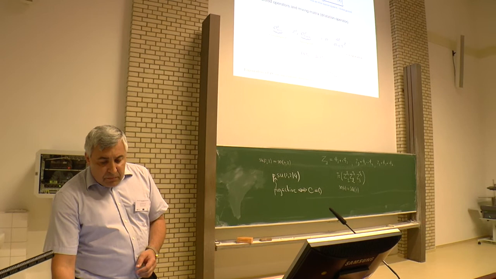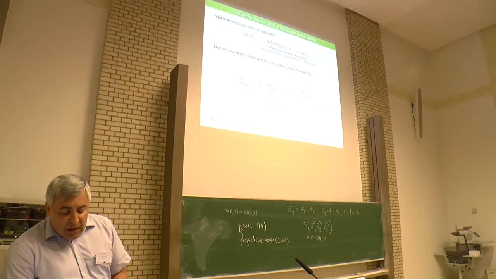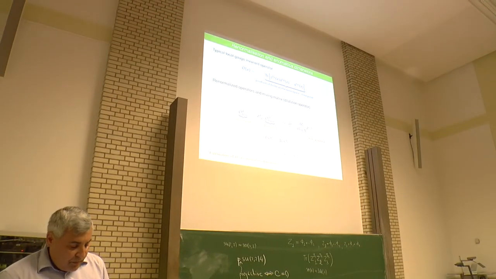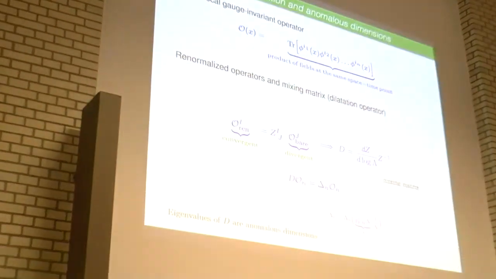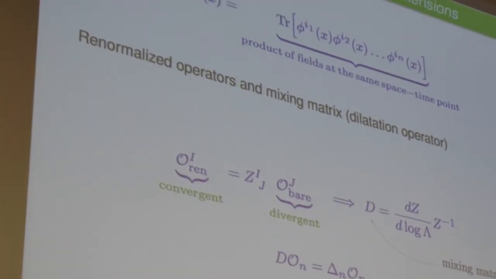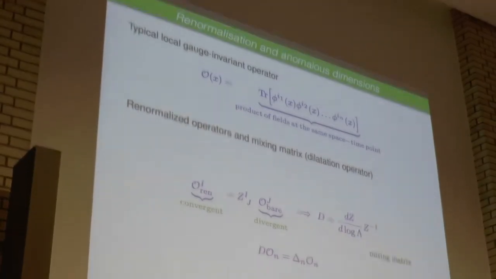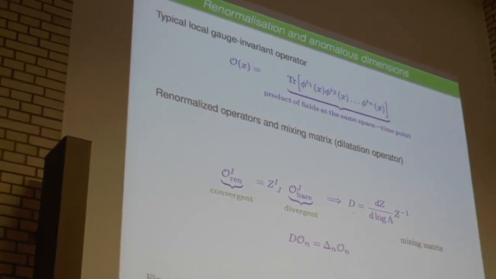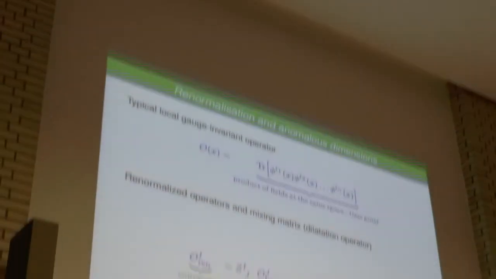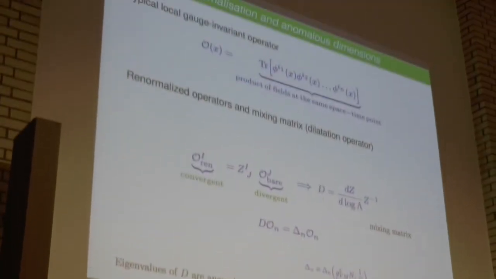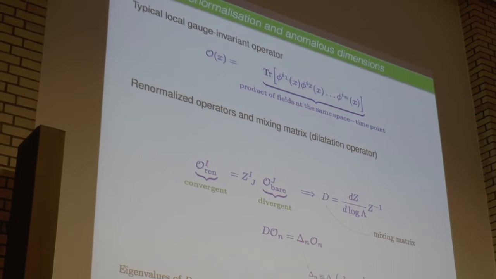Now, concerning N=4, what I would like first to do is to consider the question about primary operators, what they are, and what kind of operators I can consider in this theory. The most natural approach is to consider composite fields.